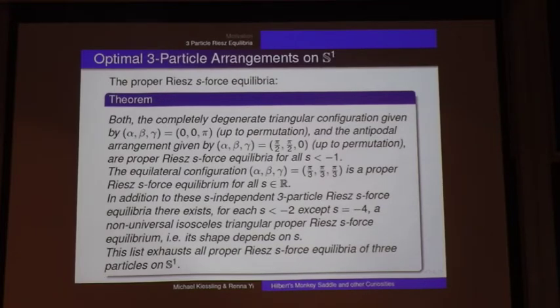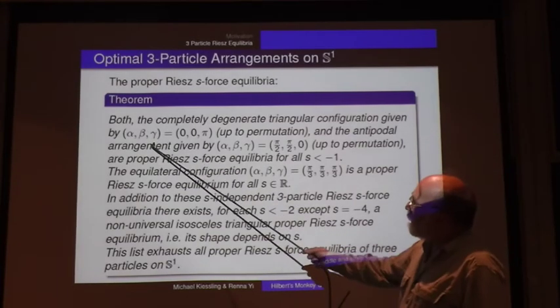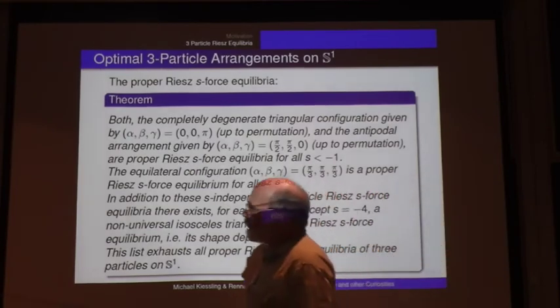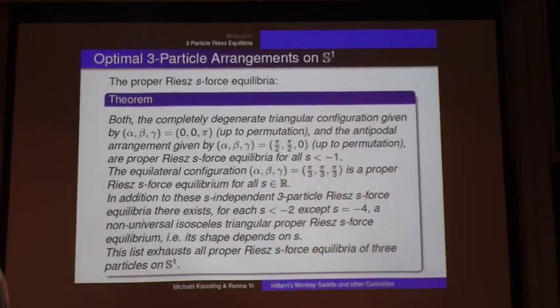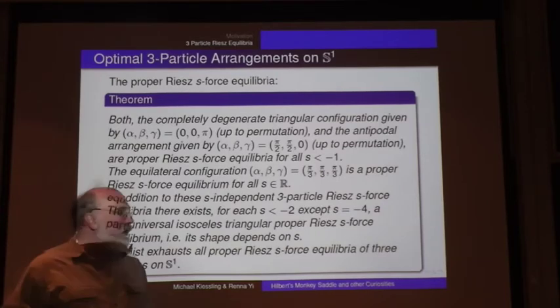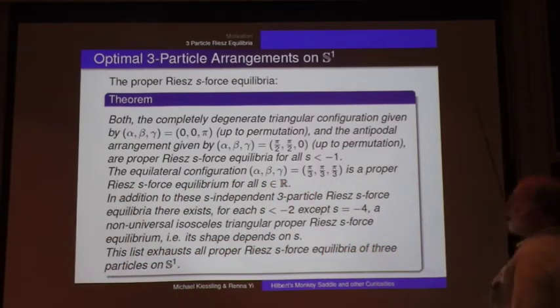And so this is listing all possible equilibria. Of course, here alpha, beta, gamma, when gamma is pi in this picture, then all 3 particles are sitting on top of each other. That's one equilibrium. That's the absolute maximizer.